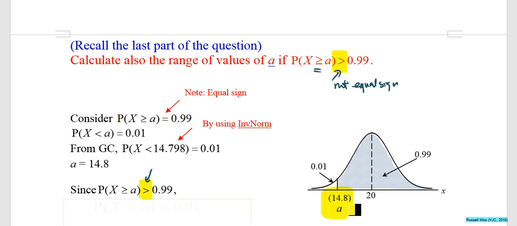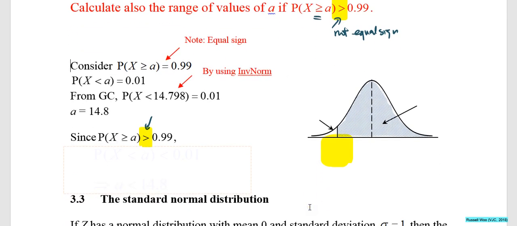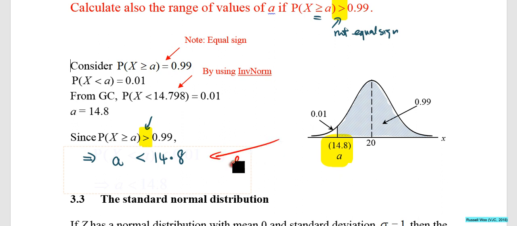So therefore, the answer implies A must be less than 14.8. Just like that, just looking at the graph. You must infer this from the graph. Got it? Good.